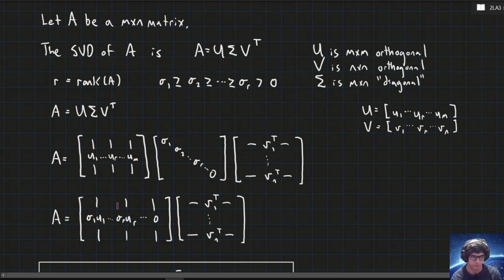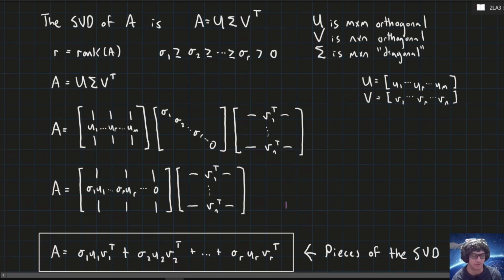This rule says that A is equal to column 1 of the left matrix times row 1 of the right matrix, plus column 2 of the left matrix times row 2 of the right matrix, and so on, and you take that sum.